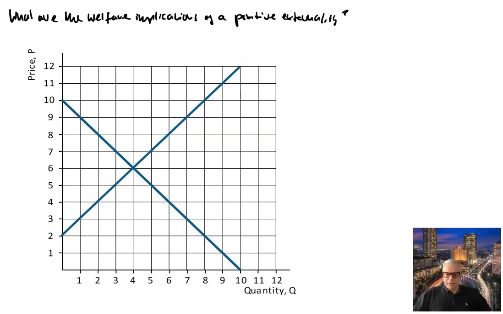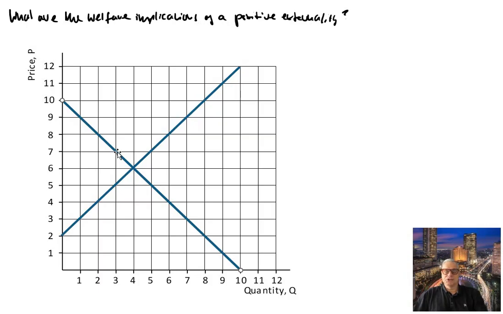The bees will fly back and forth to the apple orchard and pollinate the apples, and then you have more apples, and at the same time the bees get the nectar from nearby. So there are mutually beneficial spillover effects from an apple orchard and a honey farm. So the way we model a positive externality is that we model it on the demand side.